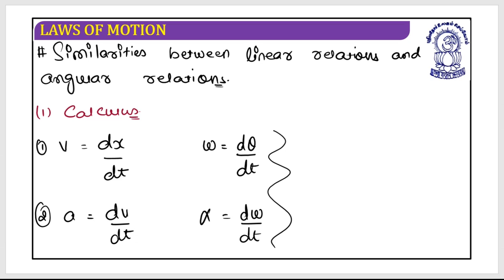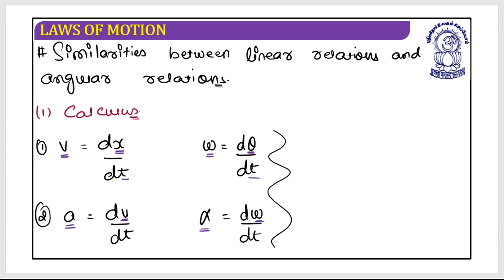I hope these things are clear. I hope you can compare this. This is velocity, this is angular velocity. This is displacement, this is angular displacement, and this is with respect to time. Again, this is acceleration, this is angular acceleration. This is change in velocity, this is change in angular velocity with respect to time.